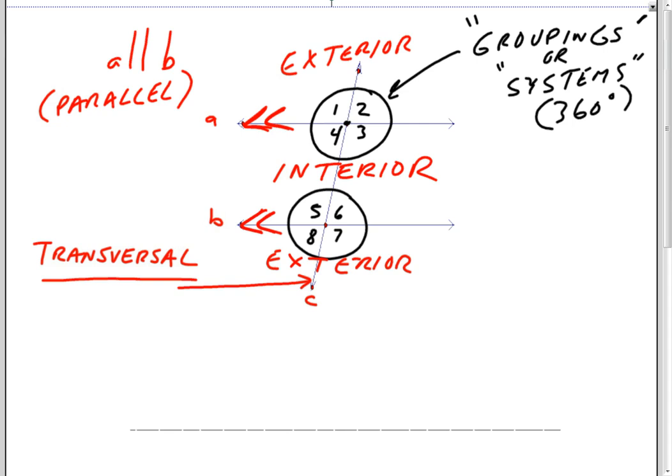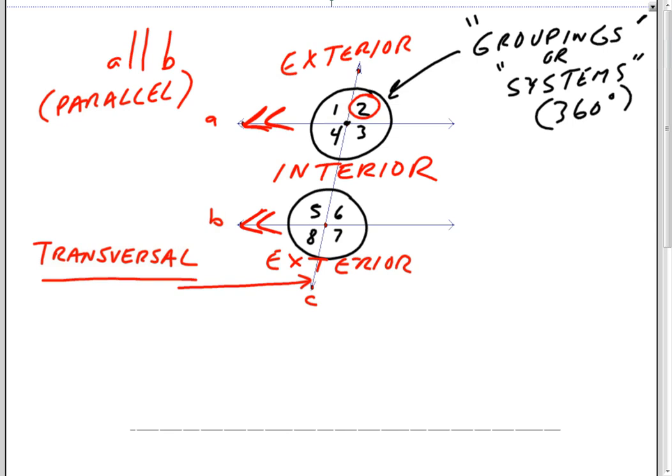How would you describe where angle 2 is in that system? If you had to describe how to get to it, what would you say? Where is it within that system? Up, down, left, right? Upright.